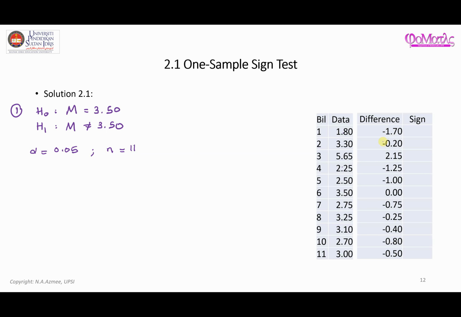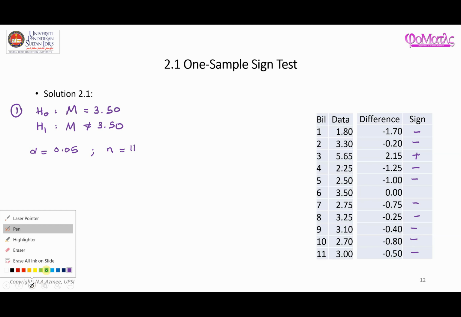Here is the difference for each of these values. And what we need to focus on is the sign of the differences. So here the sign is negative, negative, positive, negative, negative, negative, negative, negative, negative.